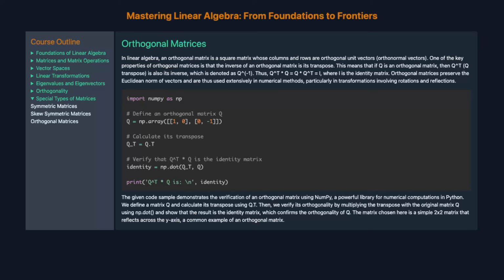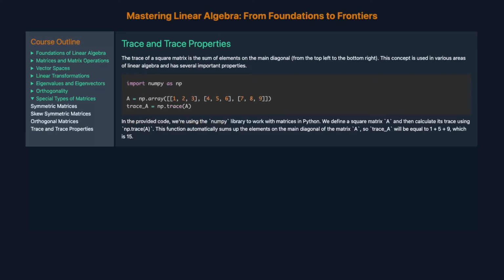We define a matrix Q and calculate its transpose using Q.T. Then, we verify its orthogonality by multiplying the transpose with the original matrix Q using np.dot and show that the result is the identity matrix, which confirms the orthogonality of Q. The matrix chosen here is a simple 2x2 matrix that reflects across the y-axis, a common example of an orthogonal matrix.